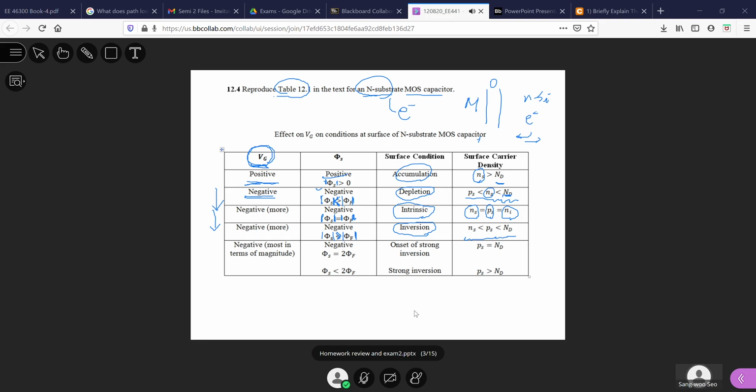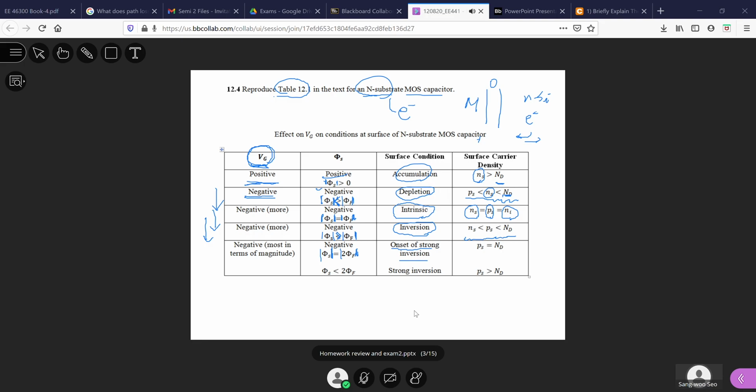Now, if we further increase this, at some point we're going to have the condition that the surface potential magnitude is equal to 2 times this potential difference. At that point, what we name in our class is the onset of strong inversion, and that's the strong inversion condition.